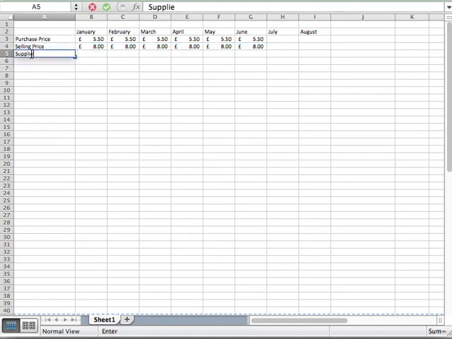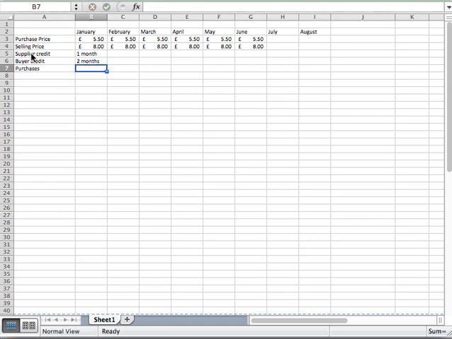Next is supplier credit, which is 1 month. I'm copying this across for good measure. And buyer credit is 2 months. Then we have the number of purchases.